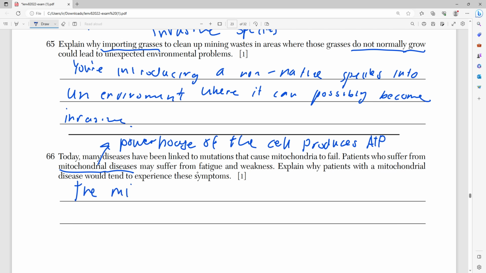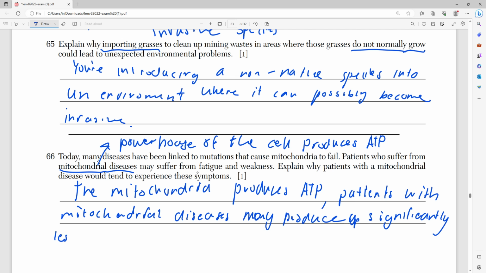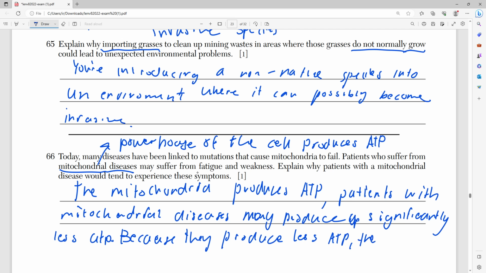The mitochondria produces ATP, right? Patients with mitochondrial diseases may produce significantly less ATP, because they produce less energy, less ATP, they have less energy to power their muscles and body.